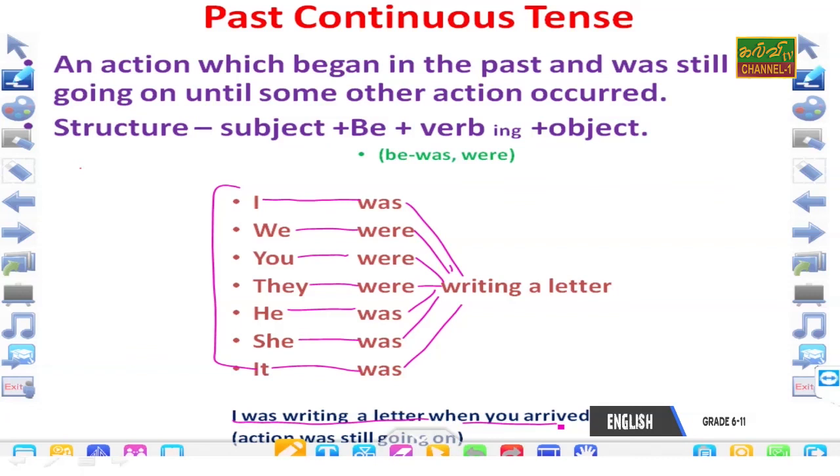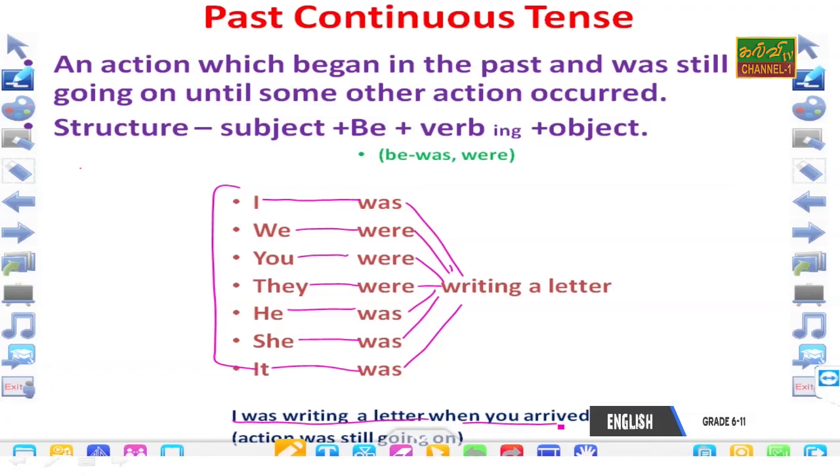The action was still going on here, dear students. What was my action? Yes, writing a letter. The action was still going on. So I decided to give the idea: what is the action, and it was still going on.